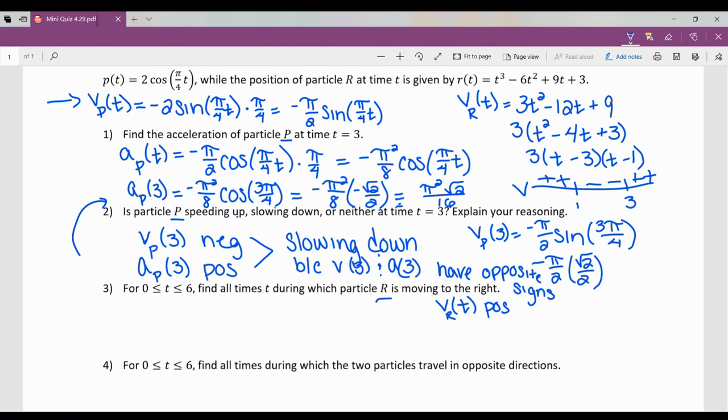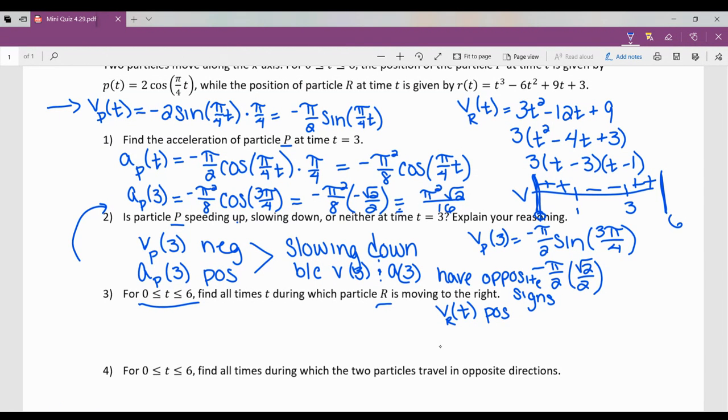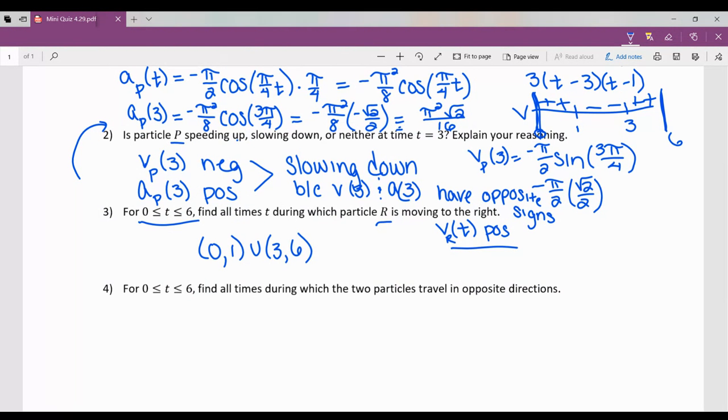Now remember, we've got endpoints here at 0 and 6. So it's going to be moving to the right from 0 to 1, union from 3 to 6. And then if I had to justify my answer, because v of t is positive. That's my justification.